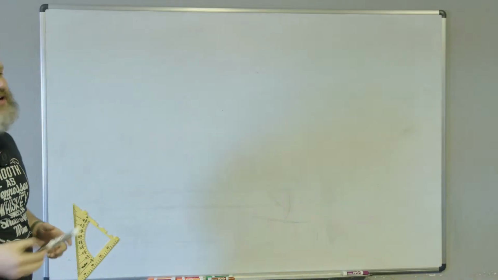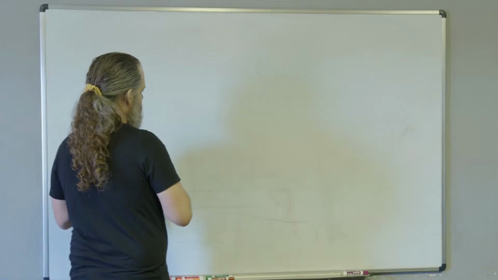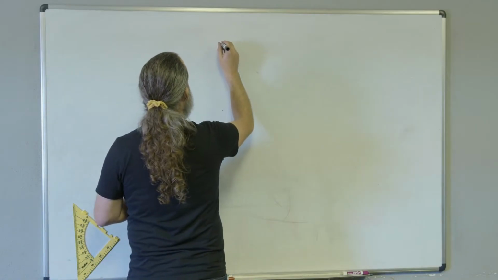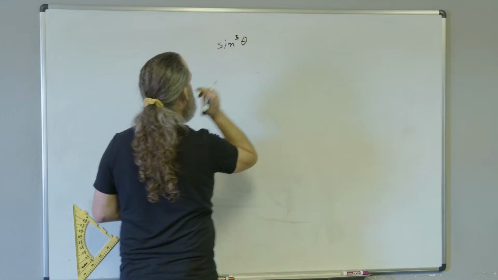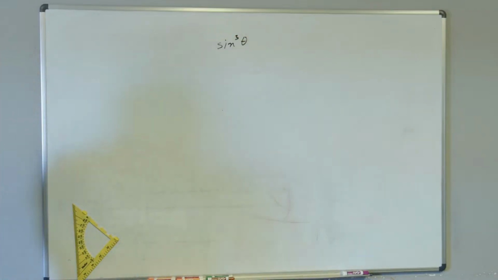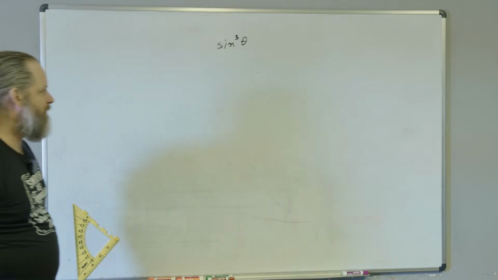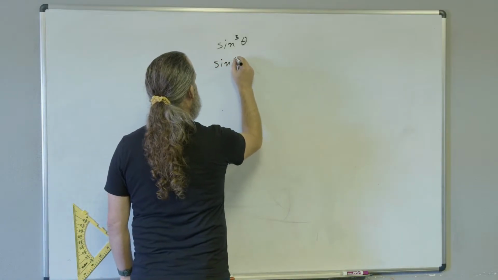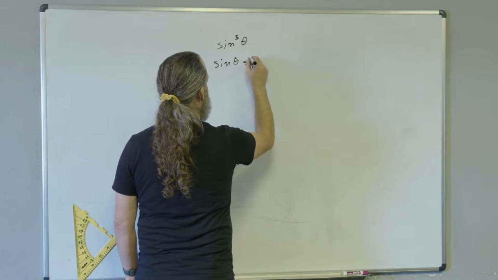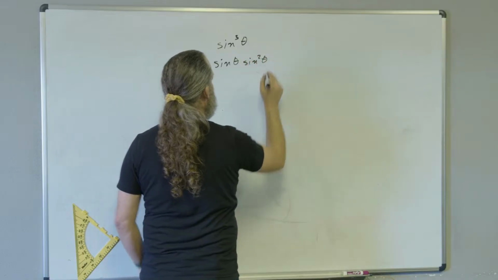We can't just do squared. So how could we break it up in a way that would give us some identities? We split it into sine theta times sine squared theta.